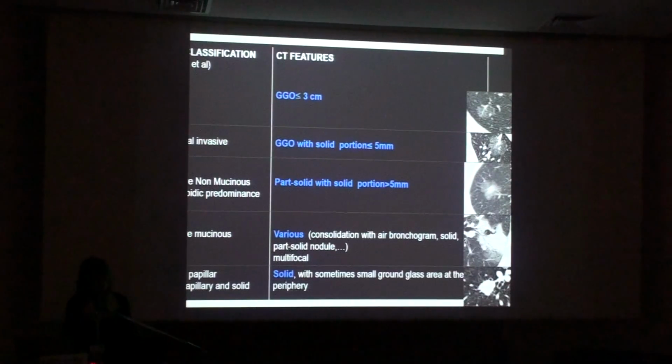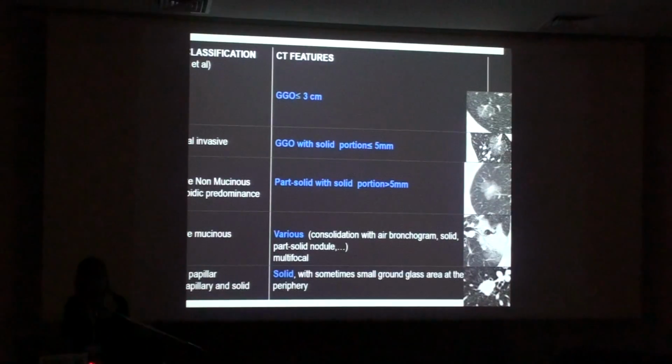In situ adenocarcinoma should be pure ground glass lesions less than 3 centimeter. Minimally invasive adenocarcinoma are ground glass lesions with solid component less than 5 millimeter. Predominant lepidic lesions are part-solid lesions with solid component above 5 millimeter.